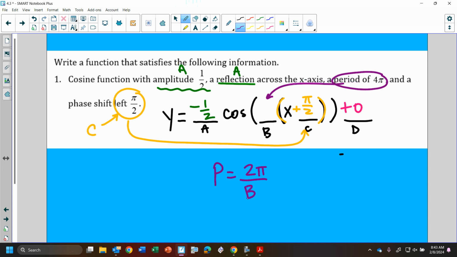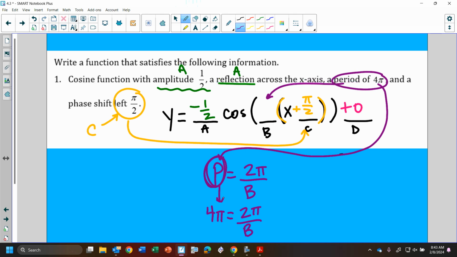Still with me? 2 pi over B. And what you're going to plug in here, that 4 pi, think about what the 4 pi is. Is that the B value or is that the period value? It's the period. So we're going to take that 4 pi and plug it in over here. You see how I just plugged it in on that side?